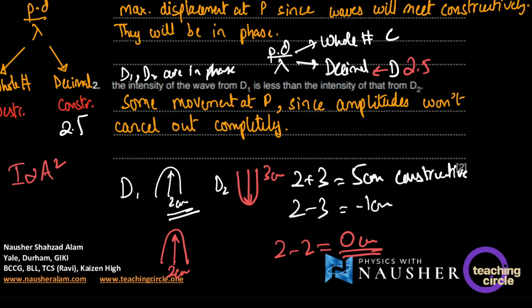So I should flip it the other way around. I should make it like this. So this is 2 centimeters if they're supposed to meet destructively. And the last comment that I'm making is that when they meet destructively, if their amplitudes are equal, the resultant will be 0. There will be no movement. However, if their intensities are not the same, their amplitudes are not equal, when they meet destructively, there will be some displacement, there will be some movement.